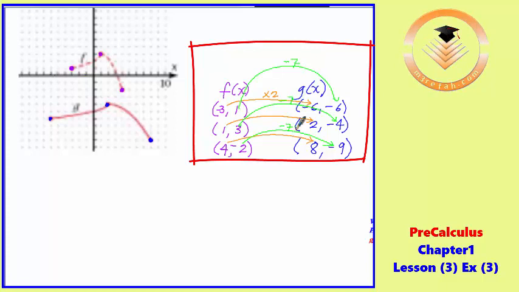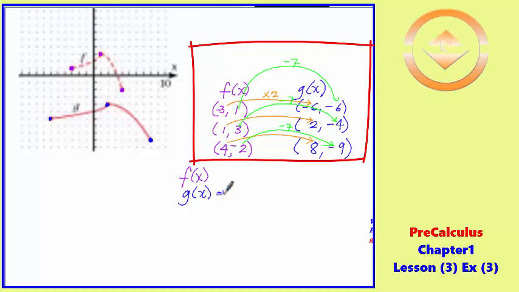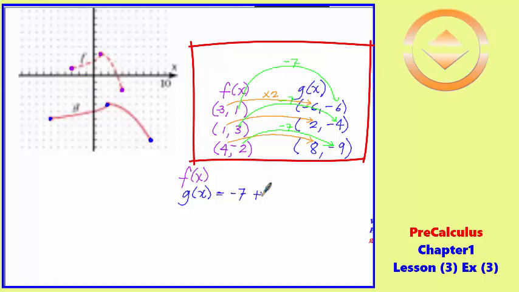So if our original function is f of x, then our g of x could be summed up into a transform of f of x. We have g of x is equal to a vertical translation, which is by negative 7 or 7 down. So we have negative 7 plus we also have a dilation by a factor of 2 on the x coordinate.